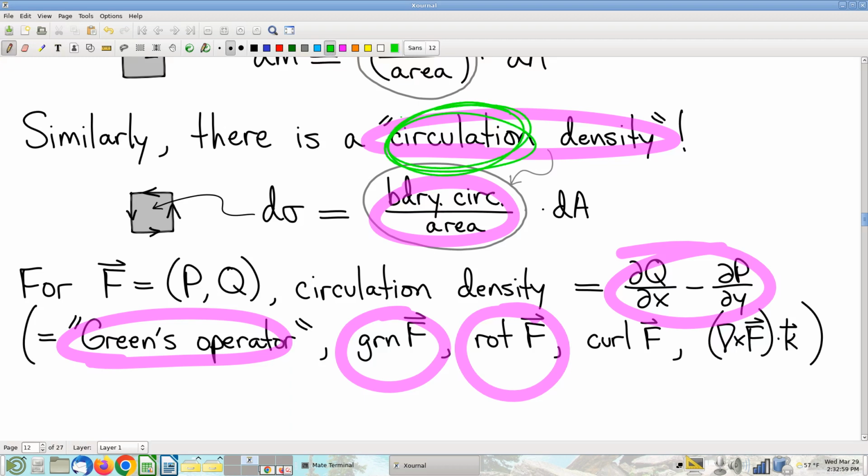Circulation, after all, is representing the extent to which a vector field is flowing along a curve, the curve going around in sort of circular fashion, like if you were to keep track of the direction that it's going, it makes a full loop, like a circle does. So, in some sense, circulation is a measure of how much the fluid is rotating.